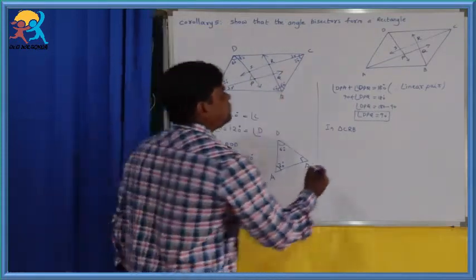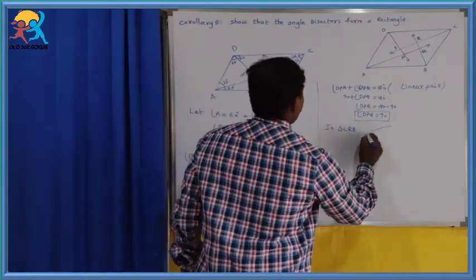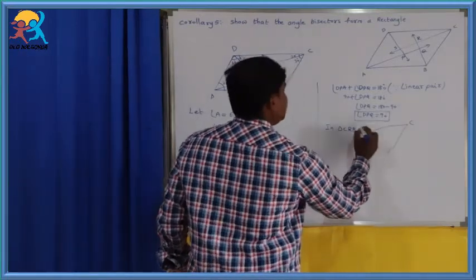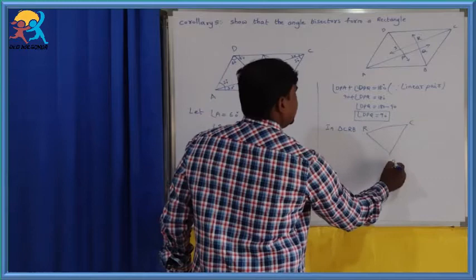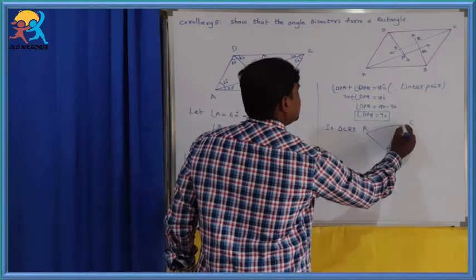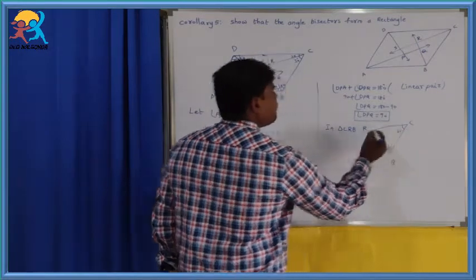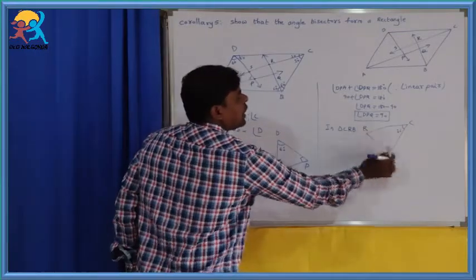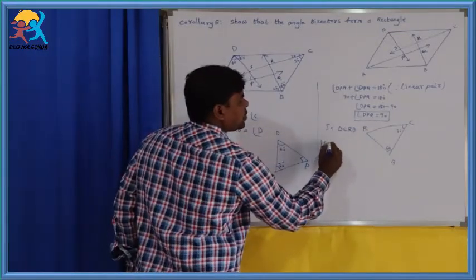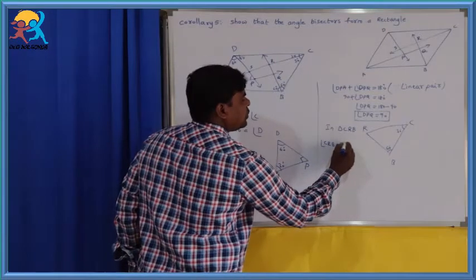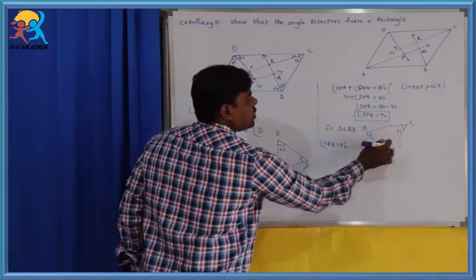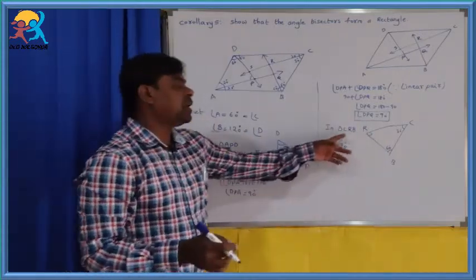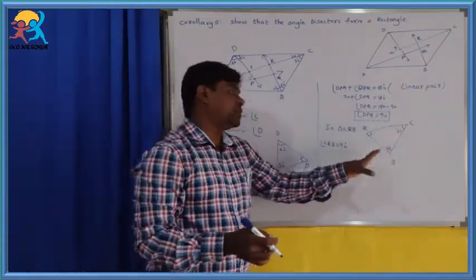In this triangle, again we will draw the triangle, that is CRB. It is 60, it is 30. From this easily we can say that, directly we can write, no problem, angle CRB is equal to 90 degrees, this one, because sum of these two is 90, definitely it will be 90, because the sum of the three angles of a triangle is 180 degrees.